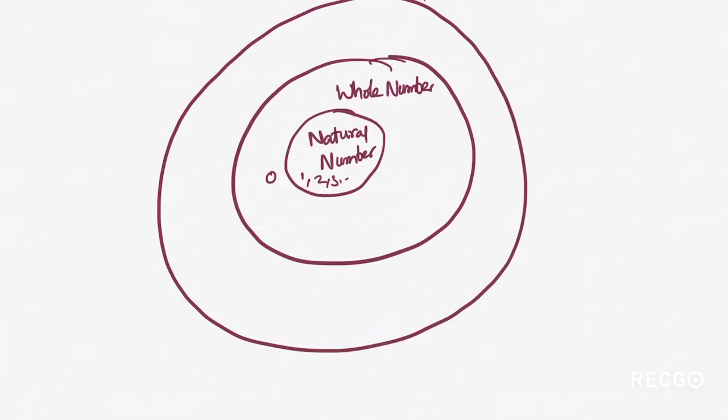And this is the integers. After adding negative numbers, the integers will come.